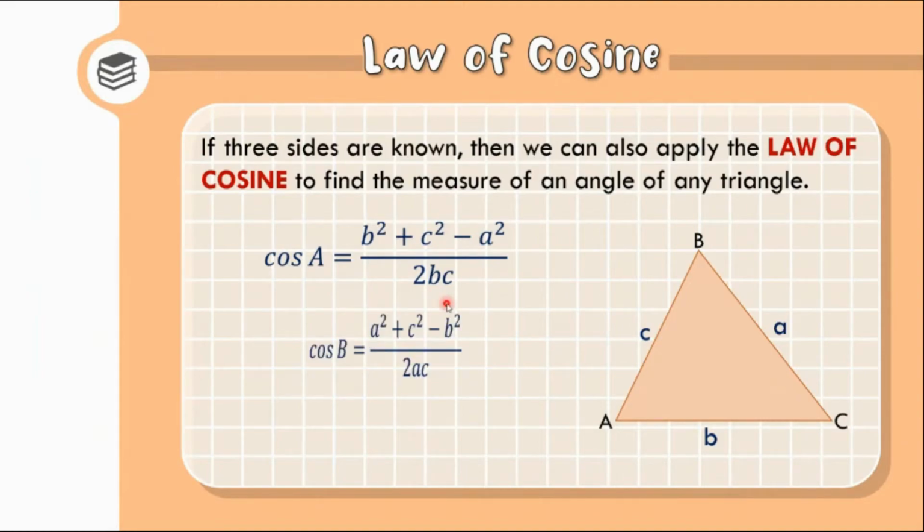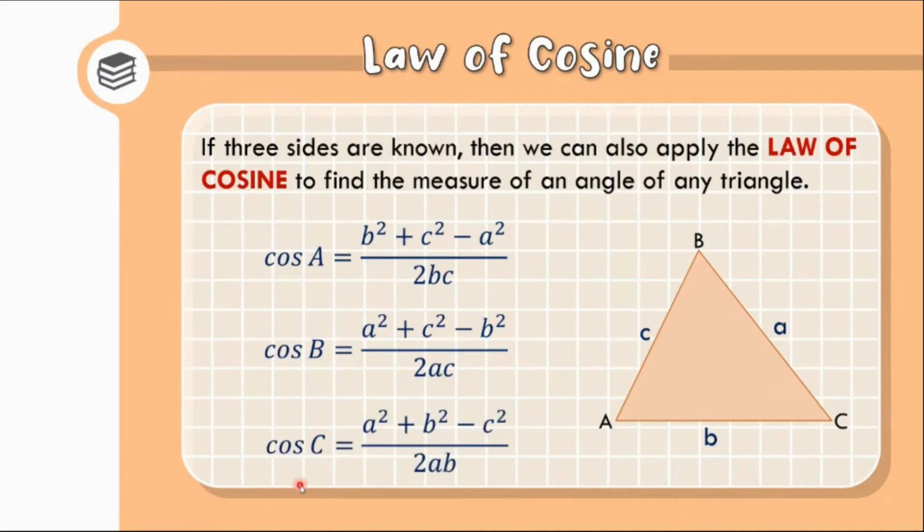Another one, we have cosine B is equal to A squared plus C squared minus B squared over 2AC. And for the third one, we have cosine C is equal to A squared plus B squared minus C squared over 2AB.